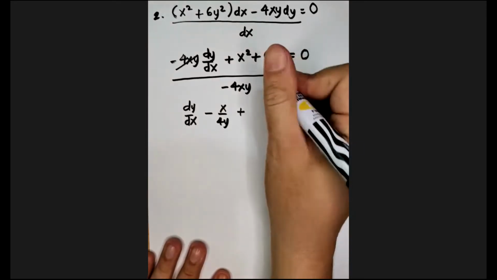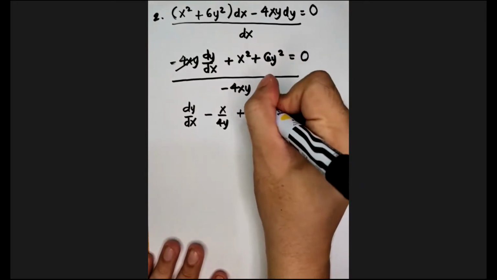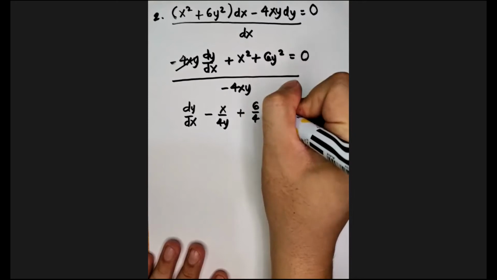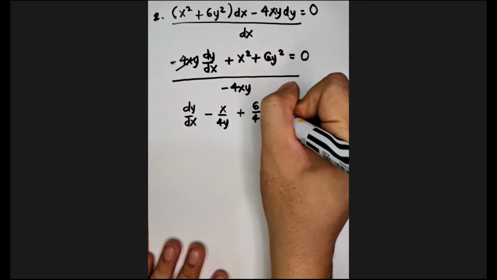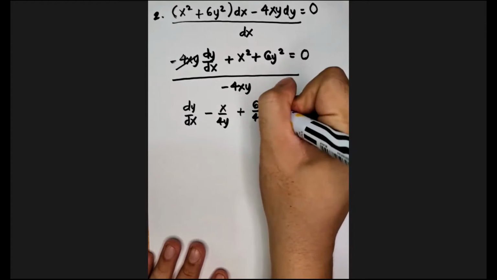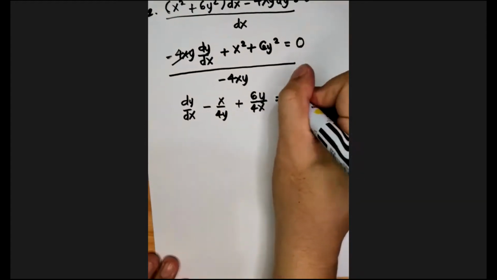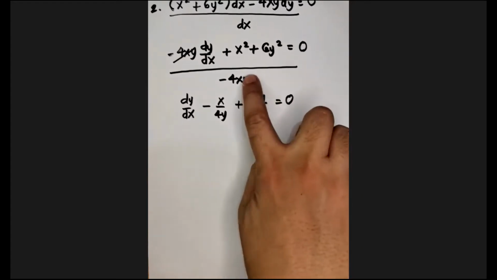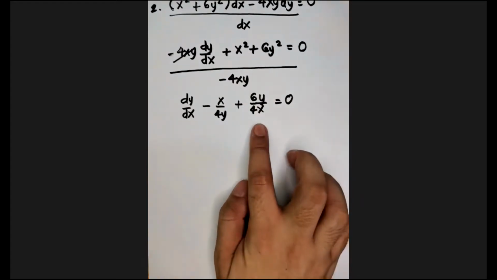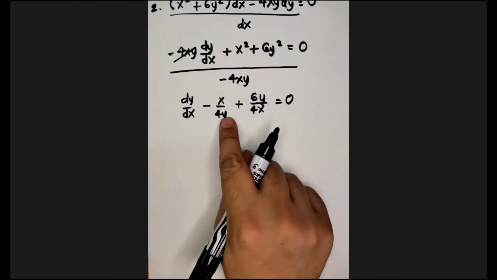plus 6 over 4, over 4x. Tapos, ayan. 6y over 4x is equal to 0. So, dy over dx minus x over 4y plus 6y, kasi makancel yung isa, over 4x. If we will simplify, ito itataas ko to.